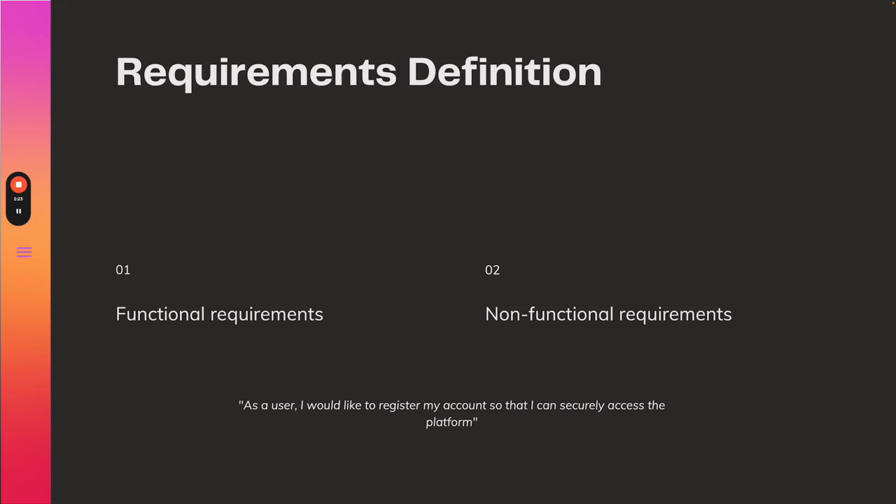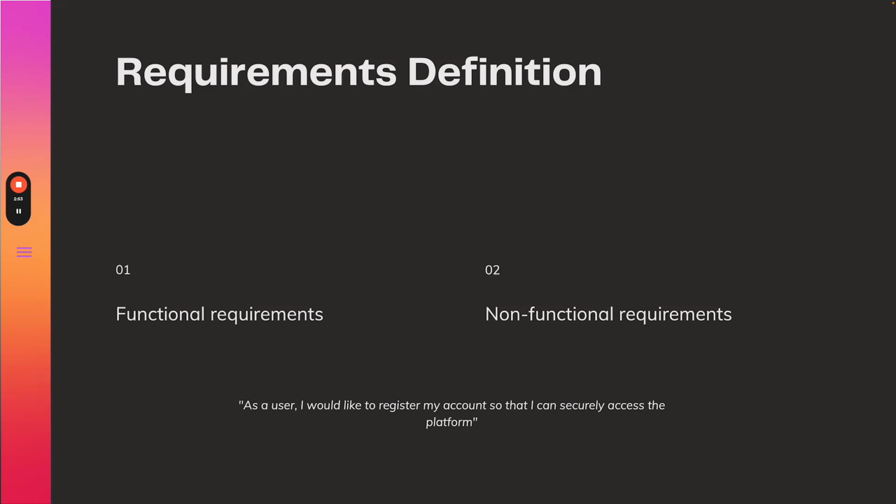So for example, the ability for a user to register an account, or the ability for a user to log in, the ability for a user to display their transactions. Then the next group are non-functional requirements, and these are typically things like the performance requirements of your solution, security requirements, availability requirements. So, I might want to run a report. It should take less than 6 seconds or 10 seconds or whatever it is.